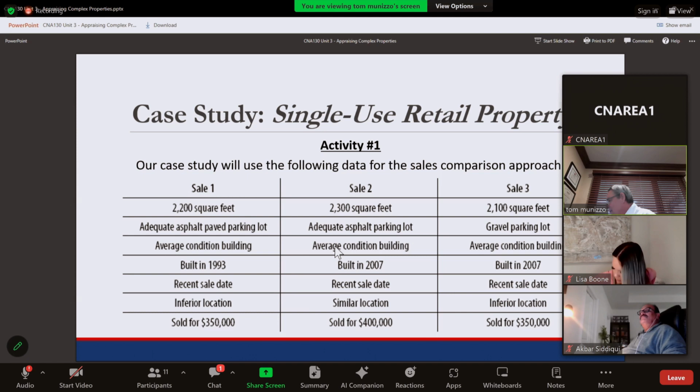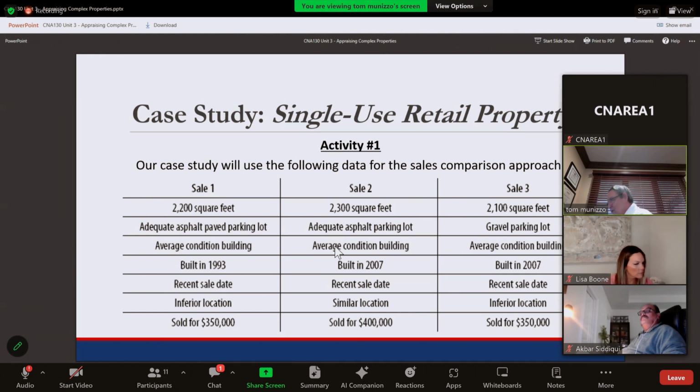But typically what we'll find is that we end up with a unit of comparison through different factors, but eventually it probably ends up at a price per square foot at the end of the day. So we have these 3 sales, all pretty close in size: 2,200, 2,300, 2,100. 2 have asphalt paved parking lots, 1 is gravel.